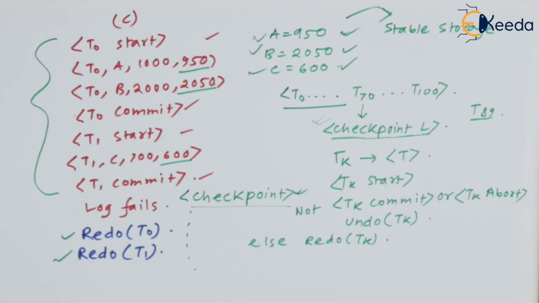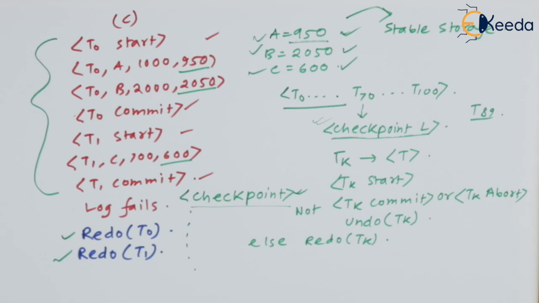That means if there is any update required, say C needs to be added to account A, we can add this 950 to C, not this 1000 which was the previous value. So that is one logical update from one checkpoint to another, given by a fuzzy checkpoint. The term fuzzy means that we do not have an exact result, but we begin our execution with an assumption.